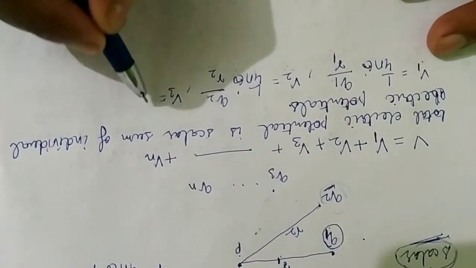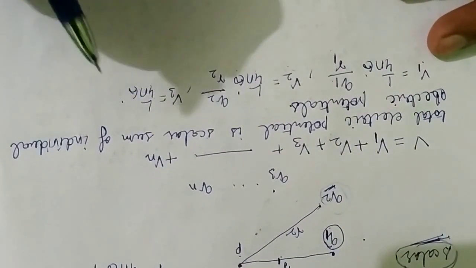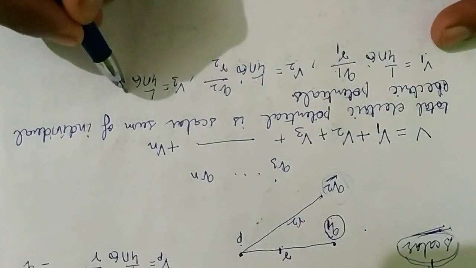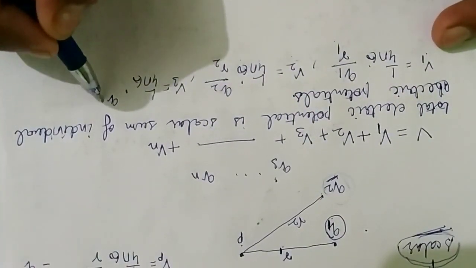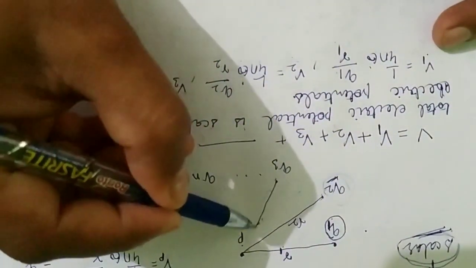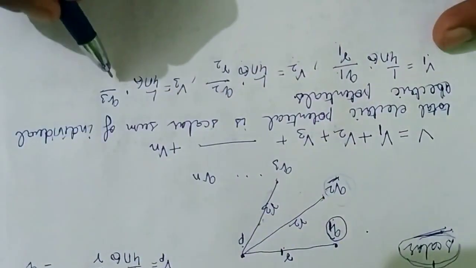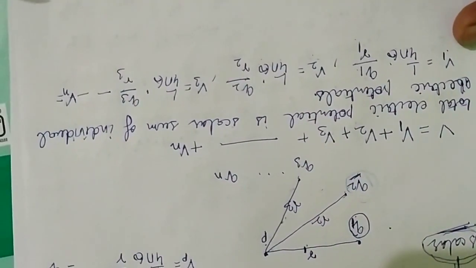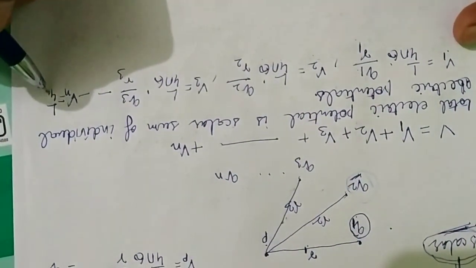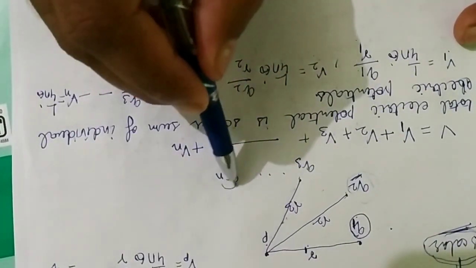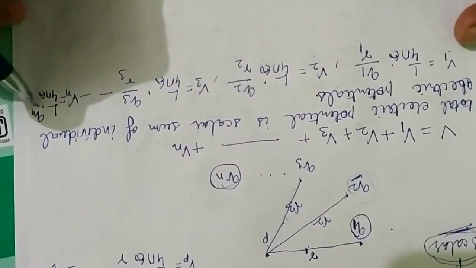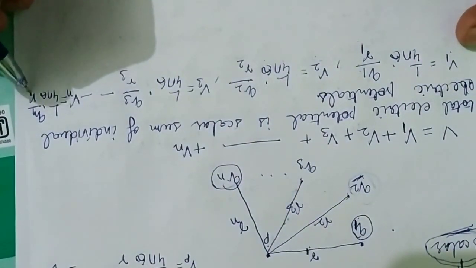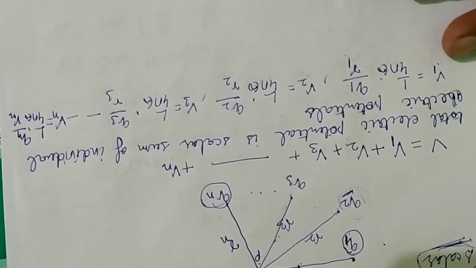Now V3 will be equal to 1 upon 4 pi epsilon naught, charge Q3, divided by the distance R3. And so on. Vn will be equal to 1 upon 4 pi epsilon naught, charge Qn, divided by the distance Rn. So these are your individual electric potentials.